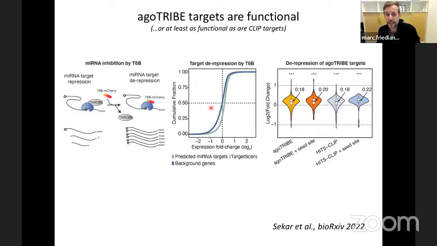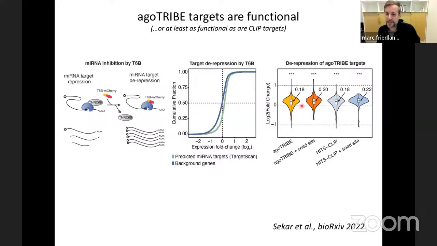And so we see here, looking at the TargetScan targets, we see a shift, which shows a de-repression. So from this evidence of the predicted targets, we think that the experiment basically worked. So what about now then our agoTRIBE targets versus HITS-CLIP targets? How are they de-repressed?